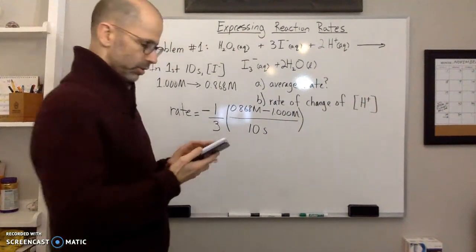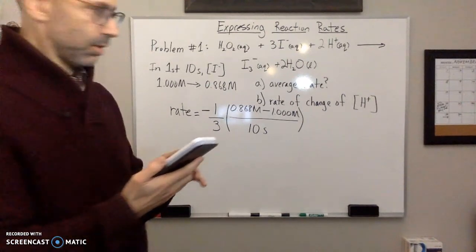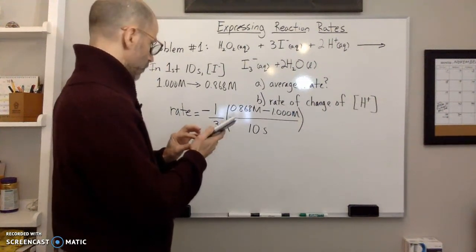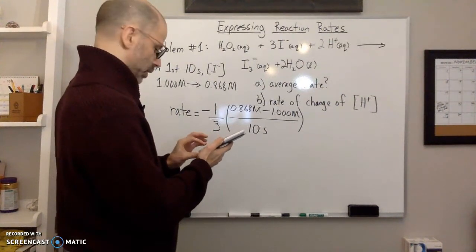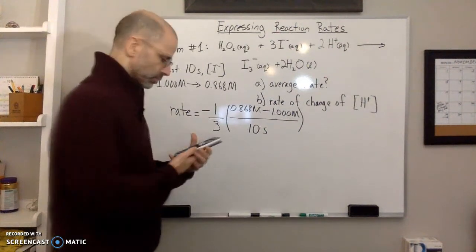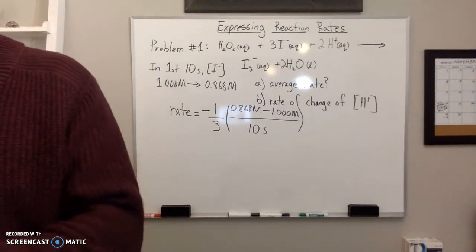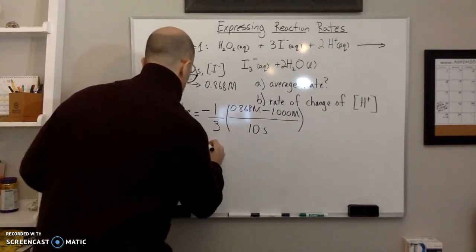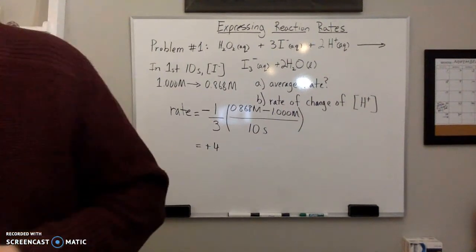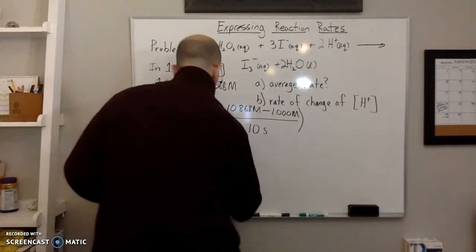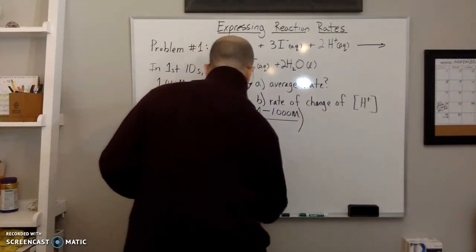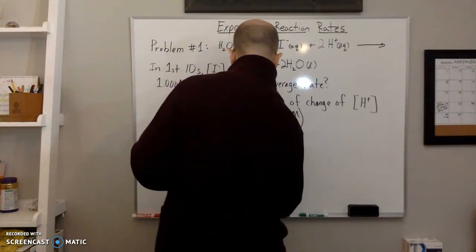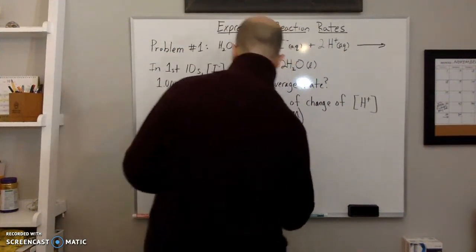Okay, so it'd be 0.868 minus 1, divided by 10, divided by 3, and we get positive 4.40 times 10 to the negative 3 molar per second.